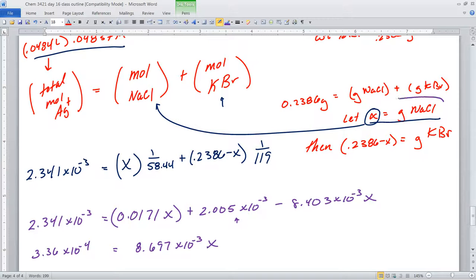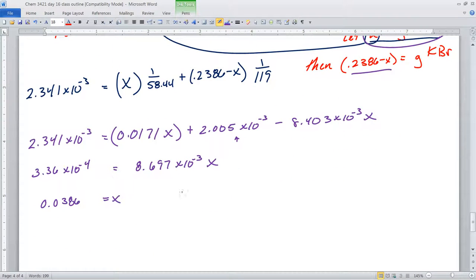Now go back and see what x was. X is the grams of sodium chloride. Okay, I want 0.2386 minus x, because that's my grams of KBr.